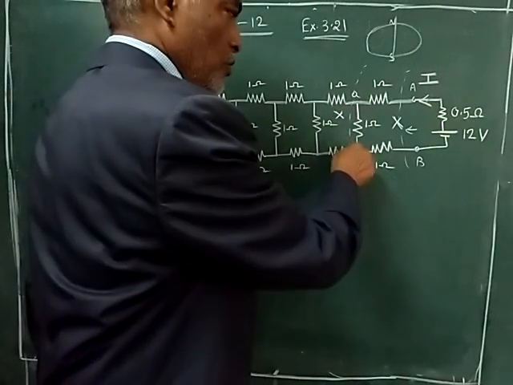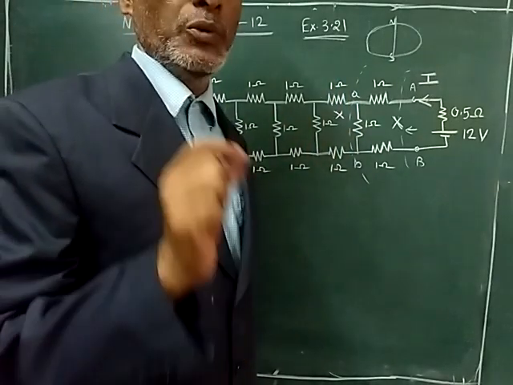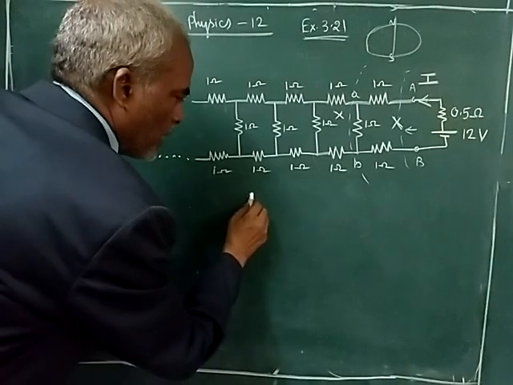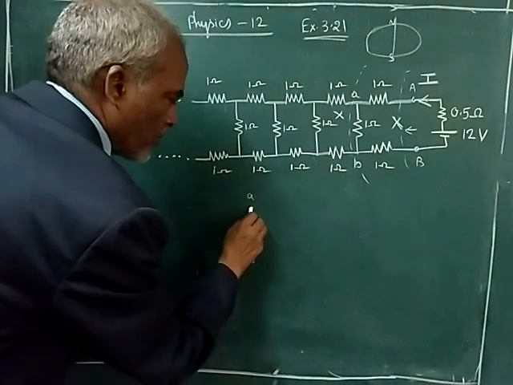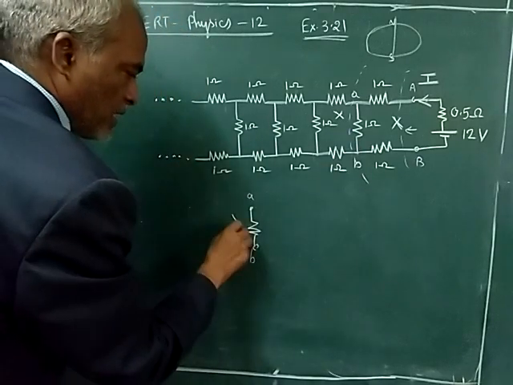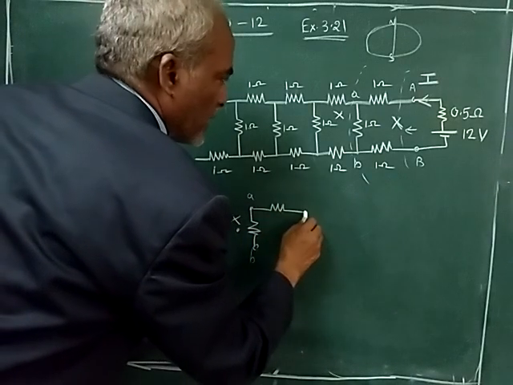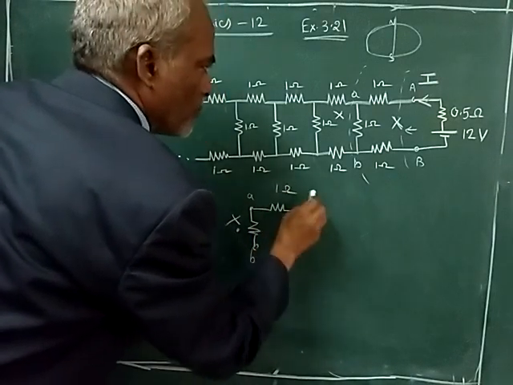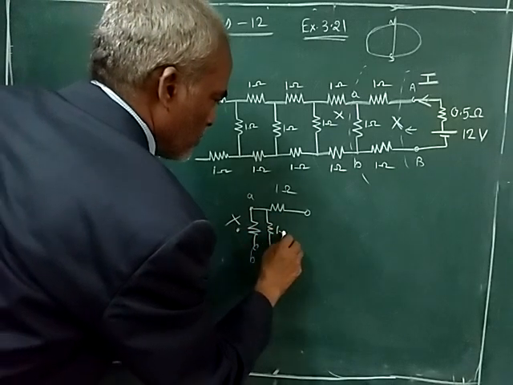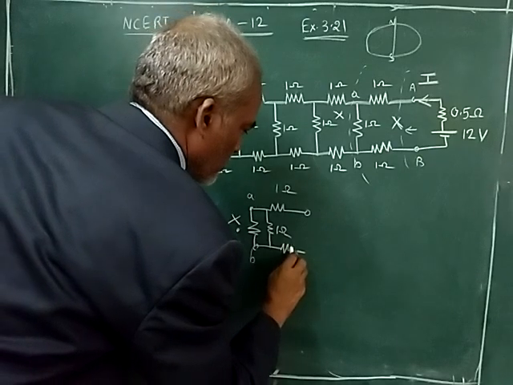Between these 2 points, small a and small b, this entire section's equivalent resistance is X ohms. So we have an equivalent resistance X on this side, and the remaining circuit is connected: 1 ohm, here 1 ohm, and here 1 ohm.